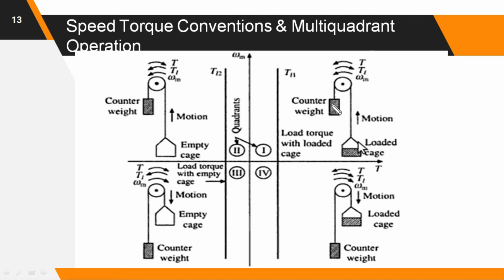On the drum there is a rope; one end of the rope is connected with the counterweight, and the second is connected with the lift. This is the characteristic of the load torque with loaded cage, and this is the characteristic when the cage is empty. In these two quadrants there is an empty cage, and in these two quadrants a loaded cage is there.